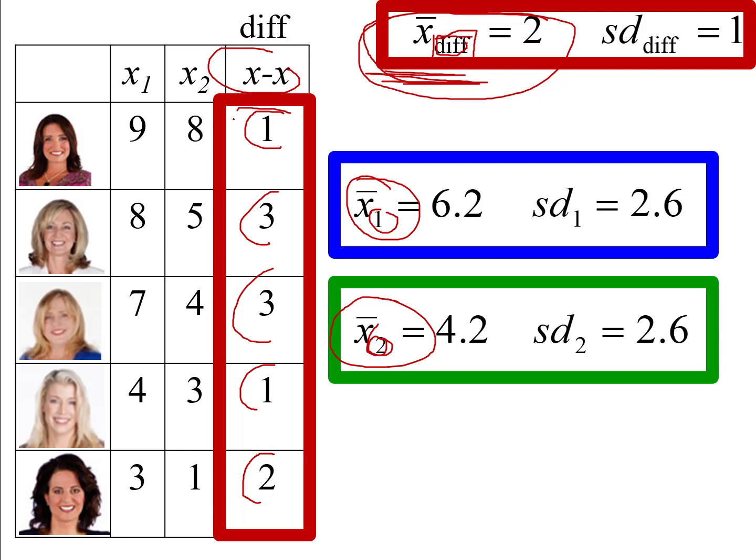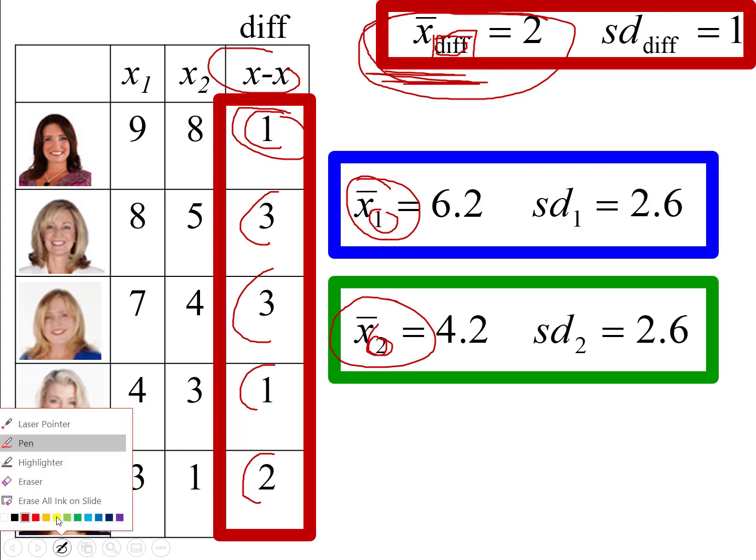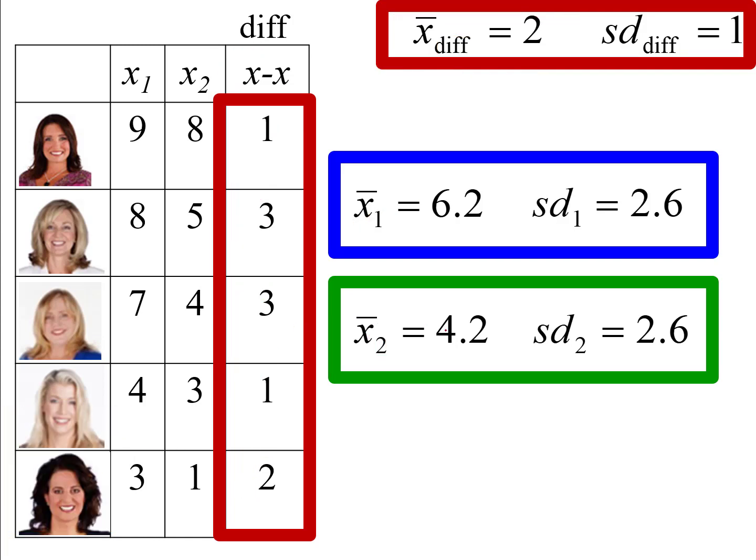If we take these difference scores and add them up, divide by 5, we get the average difference score, and the average is 2. And actually, it will always come out this way. Note that the difference, if we take time 1 mean minus time 2 mean, x bar 1 minus x bar 2, is equal to 2. 6.2 minus 4.2, the difference is 2.